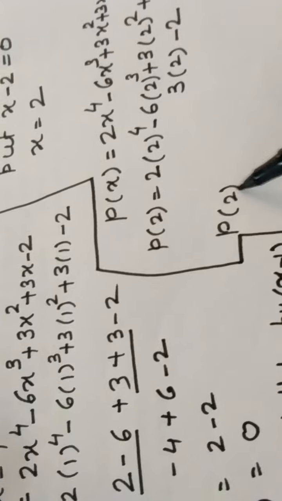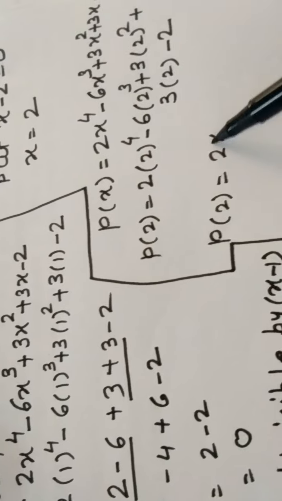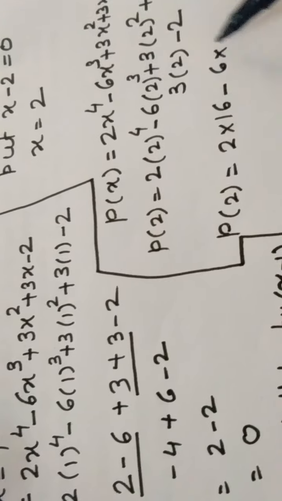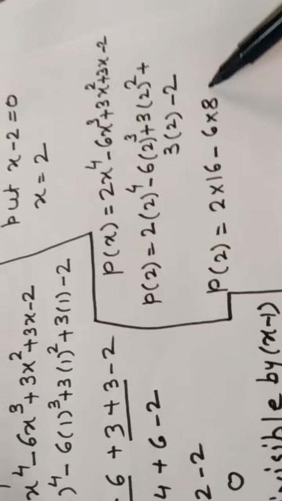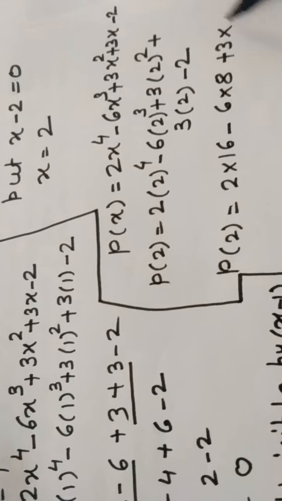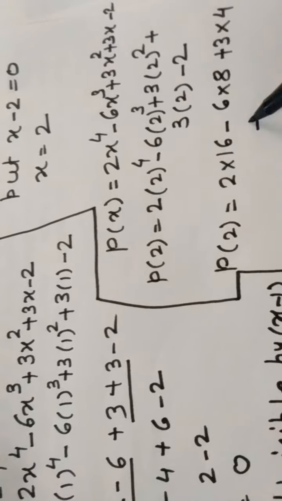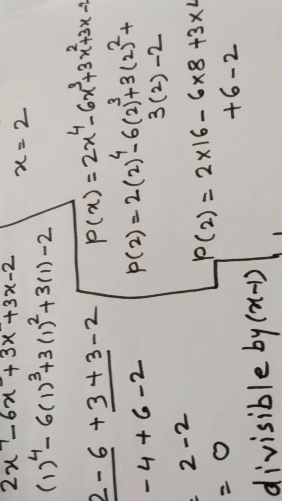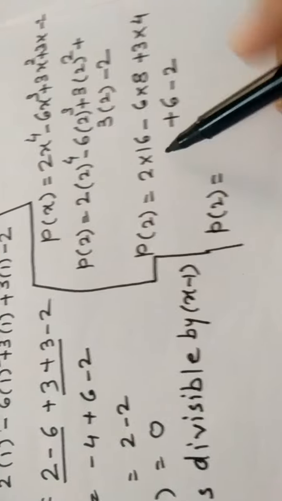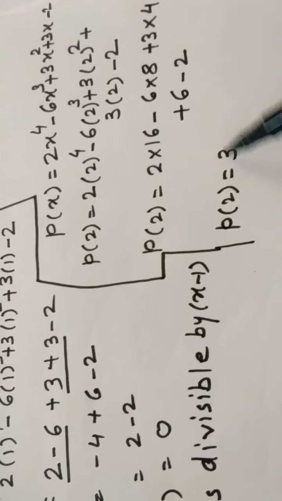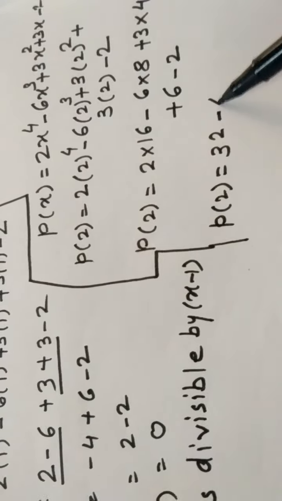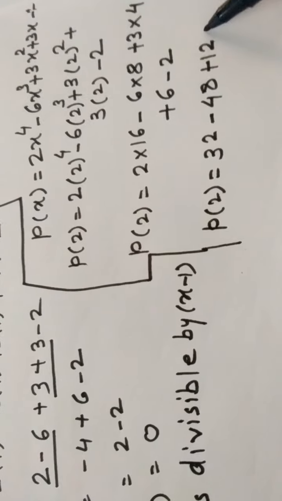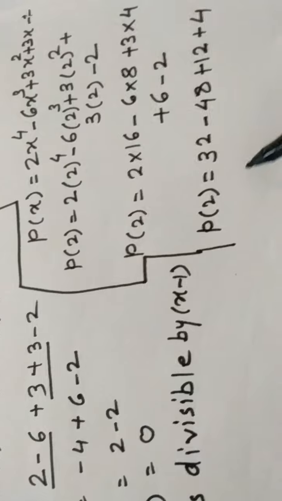That is, 2 into 2 raised to 4 is 16, so 32, minus 6 into 8, 48, plus 3 into 4, 12, plus 6 minus 2, that is plus 4.